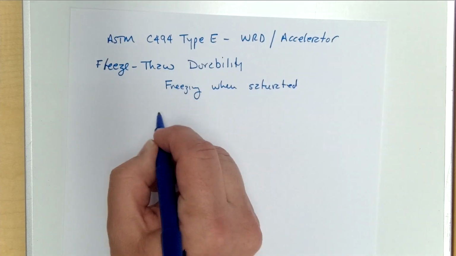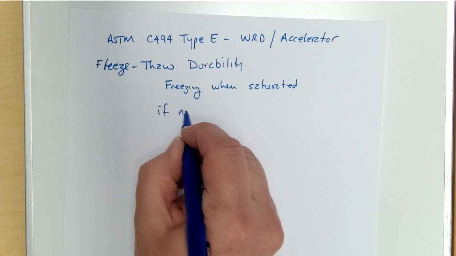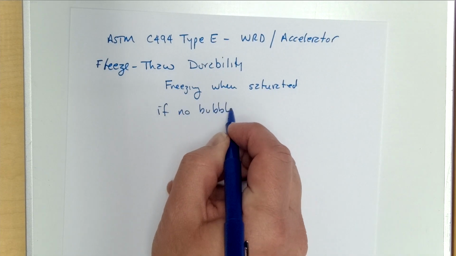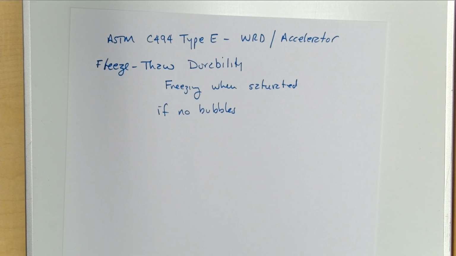And if we don't have any voids, if we have no bubbles, then this open space in the concrete that's full of water behaves like a hose would if you froze it. It splits open, right? You may not tear the concrete apart on the first cycle, but you do a little bit of cumulative damage, eventually the concrete goes away.